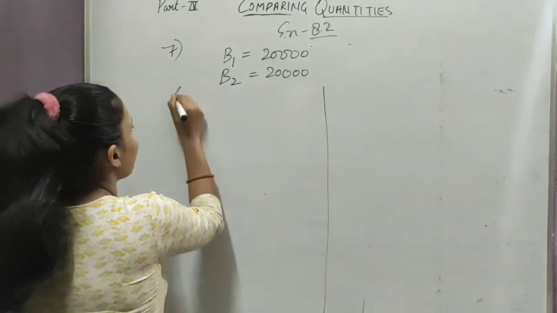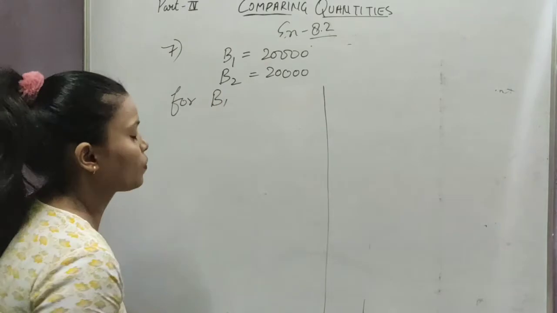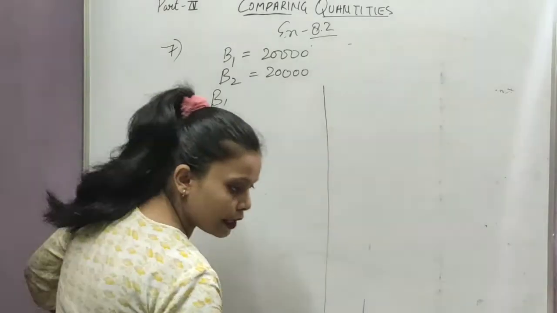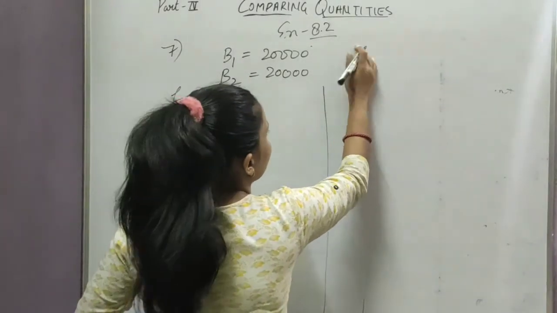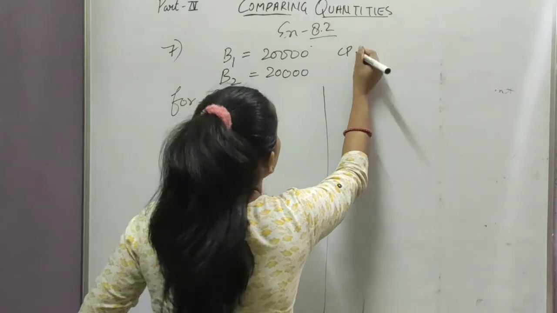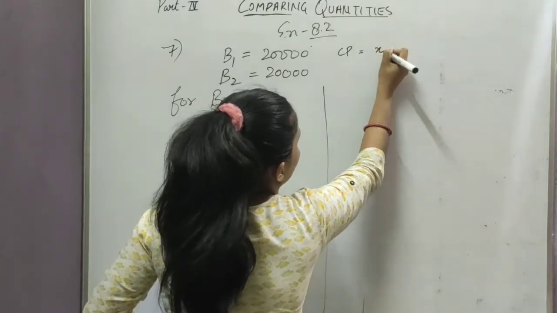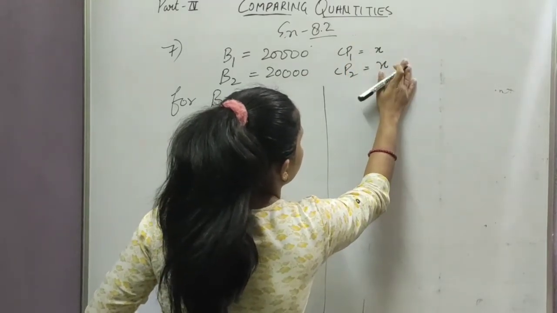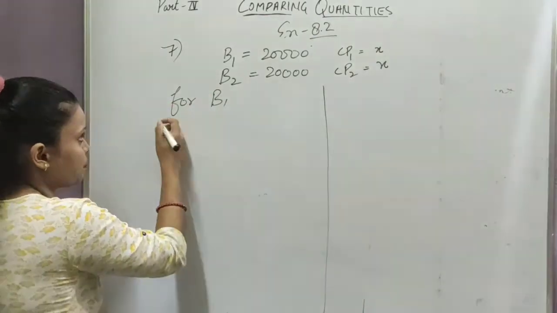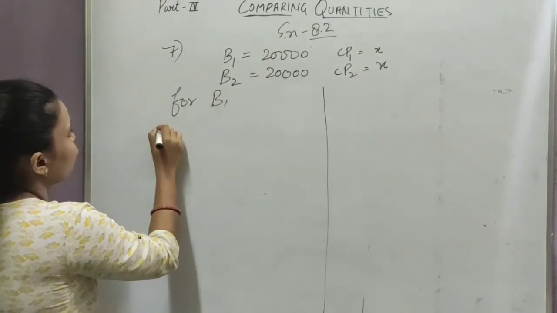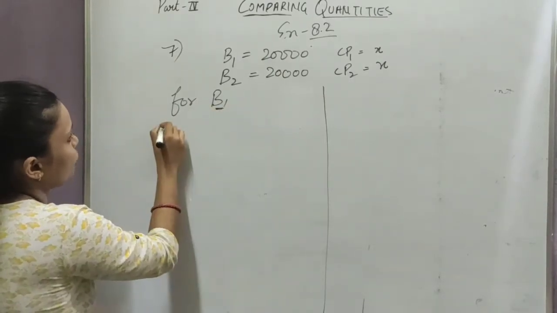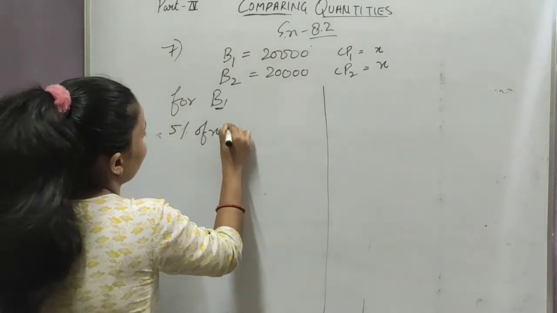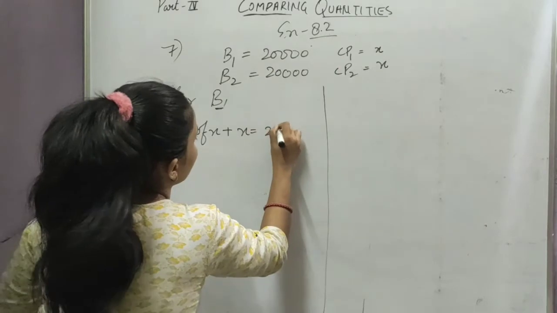Now for buffalo 1 we got a gain of 5%, and here we don't know about the CP, so let CP be X. CP1 and CP2 are also X. Now for buffalo 1, what we have to do, 5% of X plus X will give 20,000.